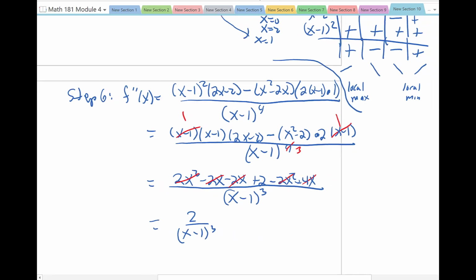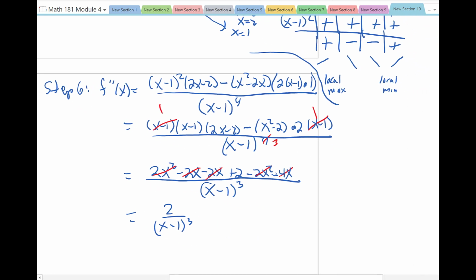Okay, so what do we get from this? Only thing we have is x minus 1 equals 0, so x equals 1. And so there are no other zeros to look at here.